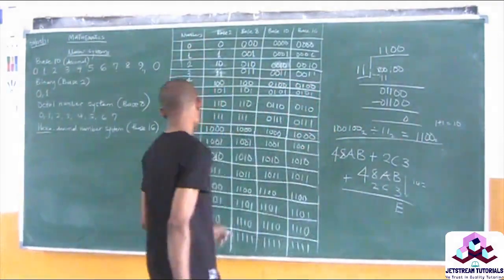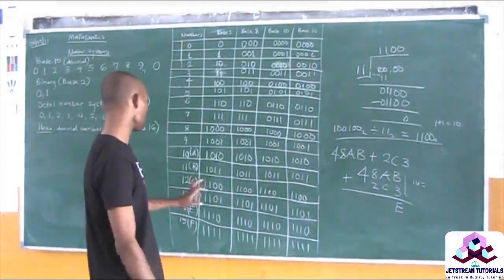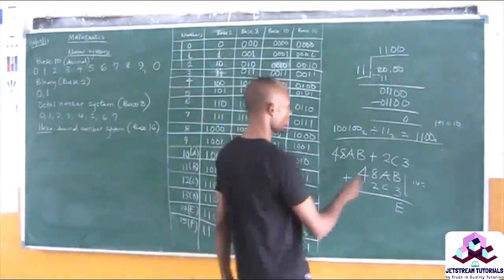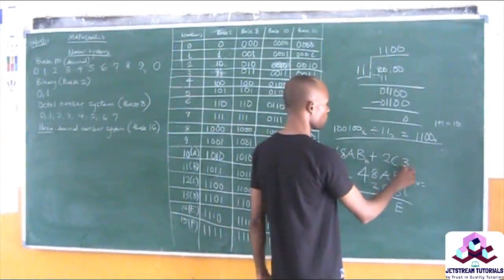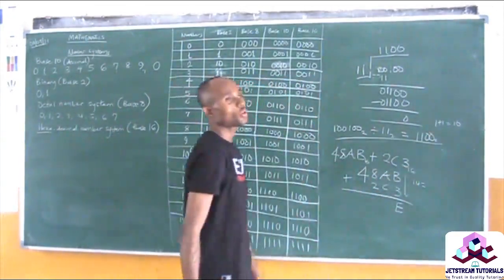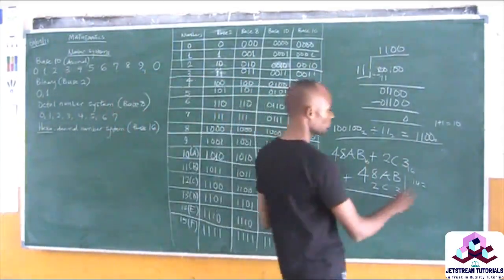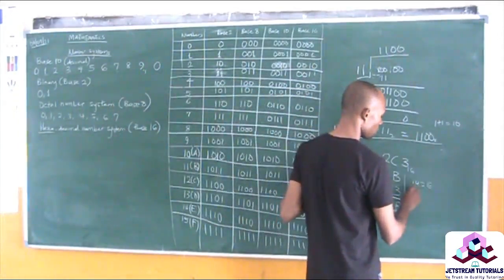A plus C. A means 10. C means 12. 10 plus 12 is 22. Let's say this number is in base 16. Do you have 22 in base 16? No. How many 16 goes into 22? We have 1 sixteen plus 6.